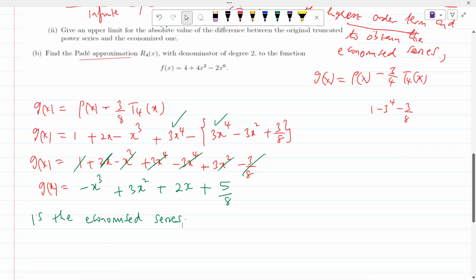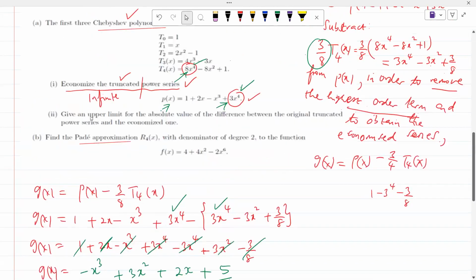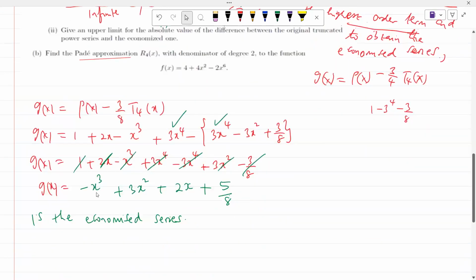Because we can see that both the truncated power series and the T4 have lost the highest order terms, which were the actual fourth power terms. They are both gone. So we are dealing with the cubic term, and the cubic term is certainly 1 degree less, and therefore we have managed to economize the series.